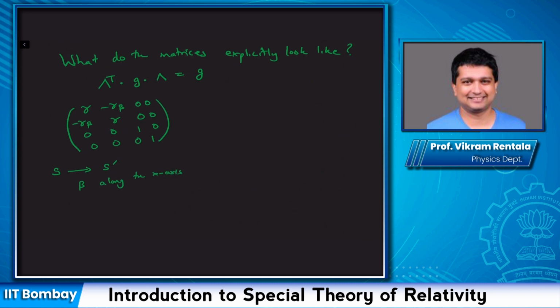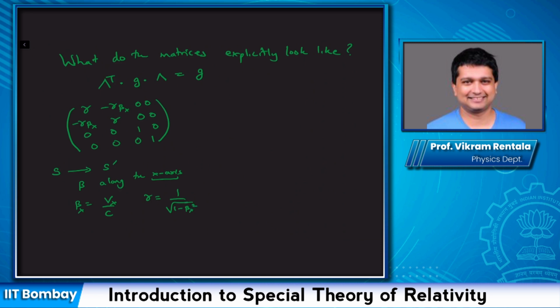Okay, so to be clear, we can write beta as v by c, and if we want to clearly identify that this is a transformation along the x-axis, we can put a subscript x here and a subscript x here, and we can write it like this. Where in this case gamma is 1 over the square root of 1 minus beta x squared.